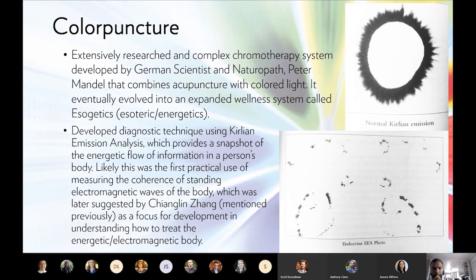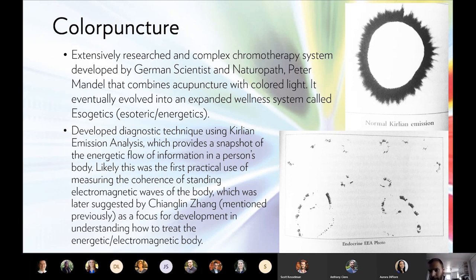among other things. Now, color puncture. This is the last one I'll talk about. This is my favorite light therapy. It is an incredibly extensively researched chromotherapy system designed by a German named Peter Mandel. It combines acupuncture with colored light.